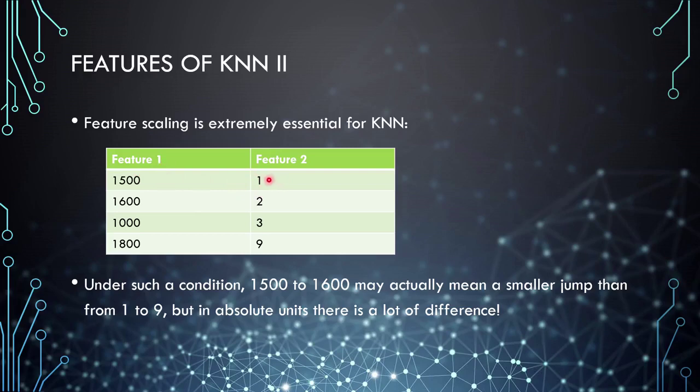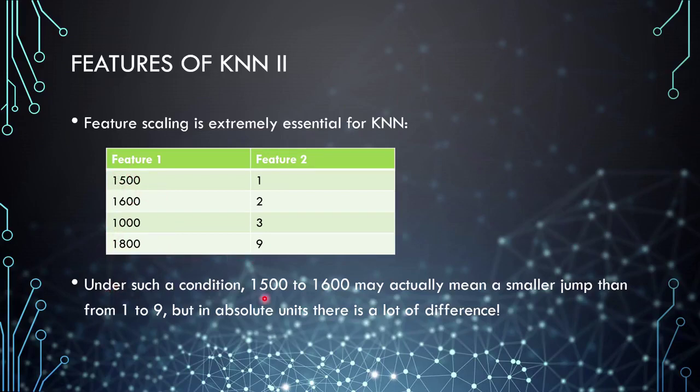Here, changing by a lot of amount means that you are really close, but feature 1 changes by not as much. It becomes 9 times if you go from 1 to 9, but it does not become 9 times if you go from 1500 to 1800. So that's relatively much closer. So we need to scale our features accordingly.